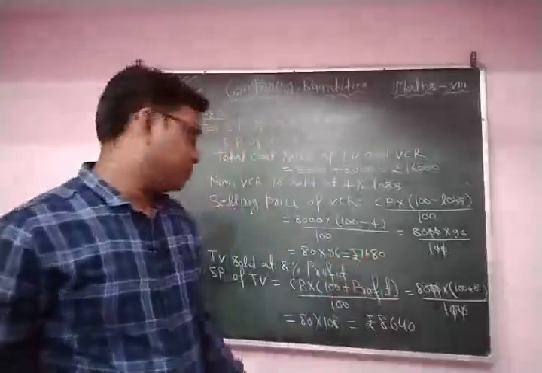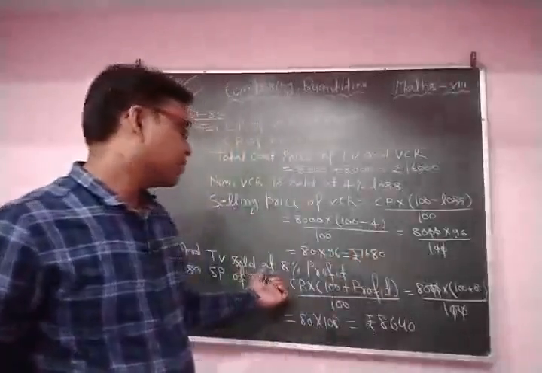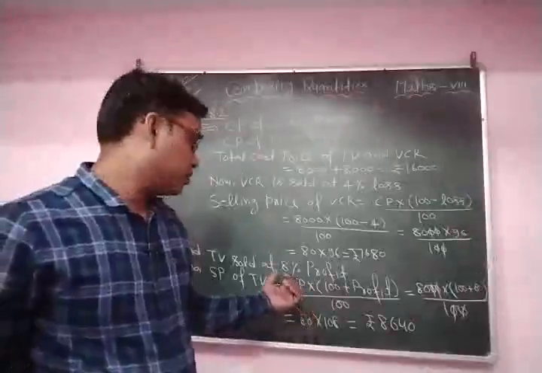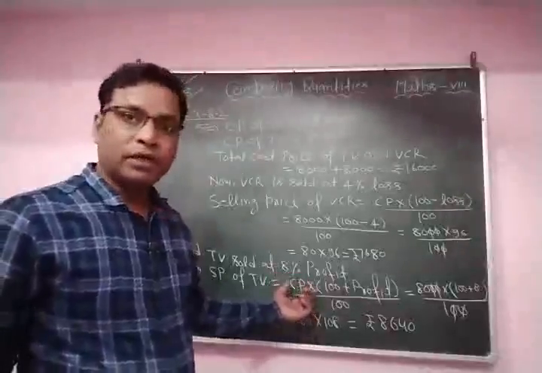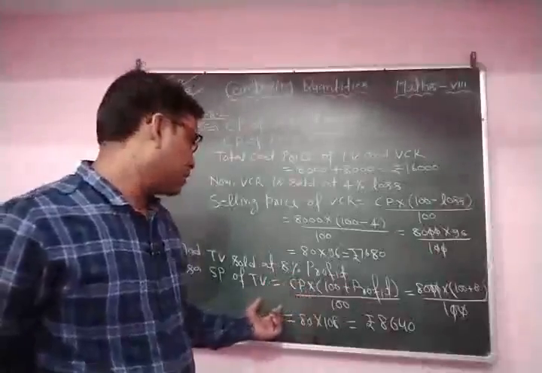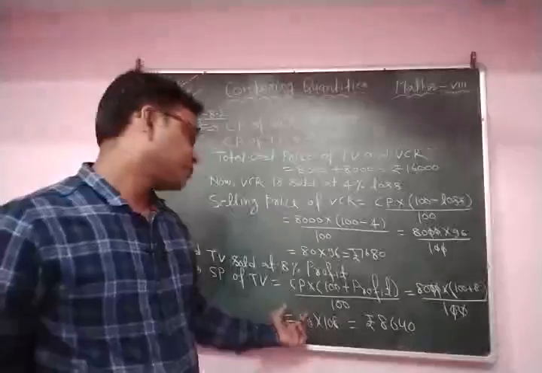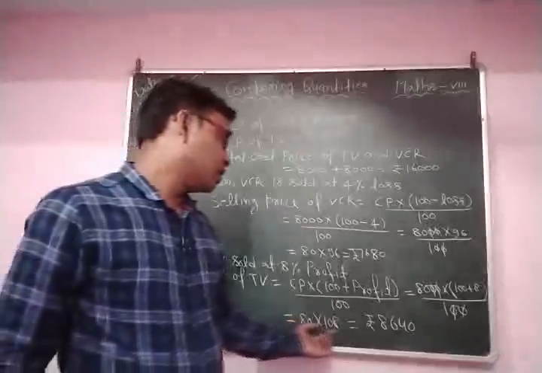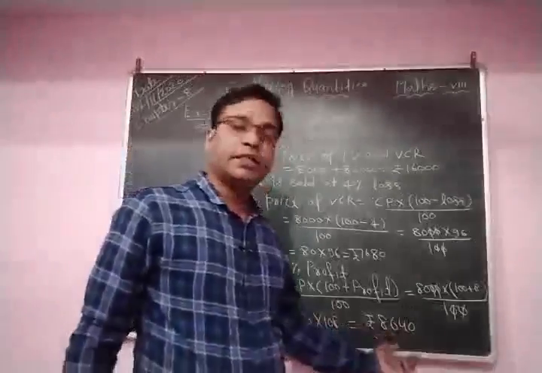Now he sold TV at 8% profit, so the selling price of TV is 8,640.